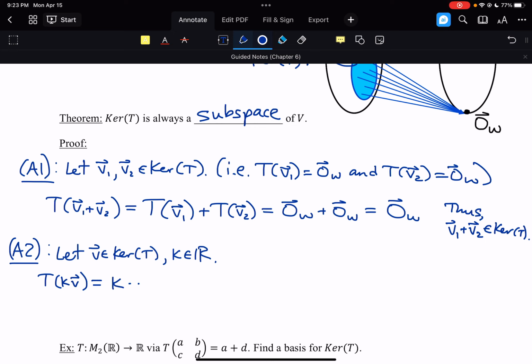So we can go ahead and move the K out because we already know this is a linear transformation. V transforms to the zero vector, and any scalar times the zero vector is the zero vector.